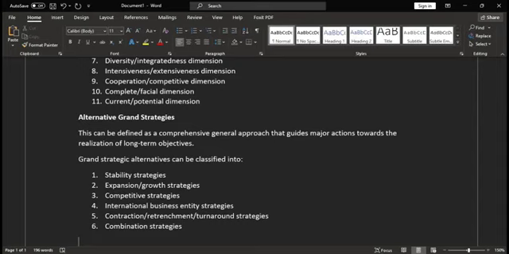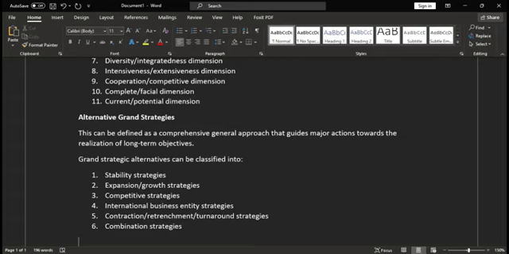International business entry strategy. They are adopted when a company wants to realize global business objectives through efficient and effective use of available resources across national borders in two or more countries of the world.